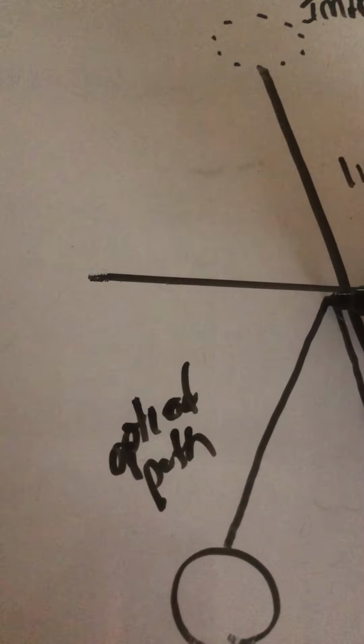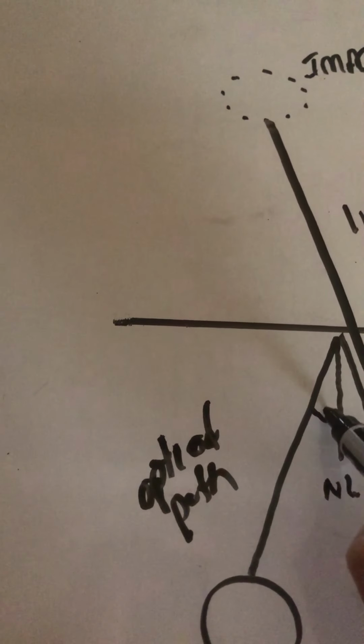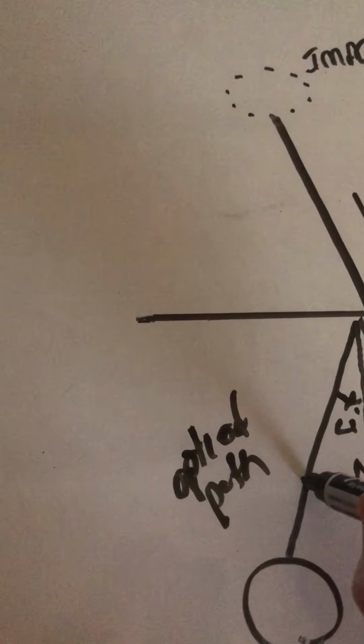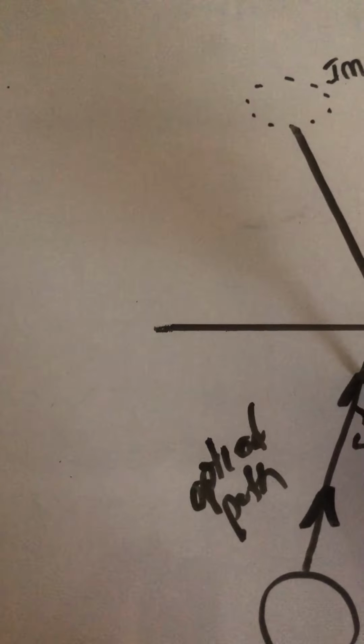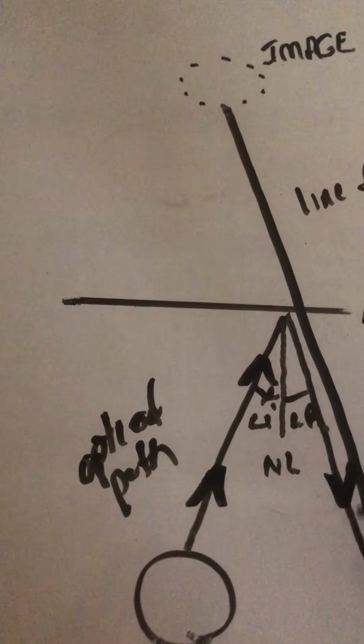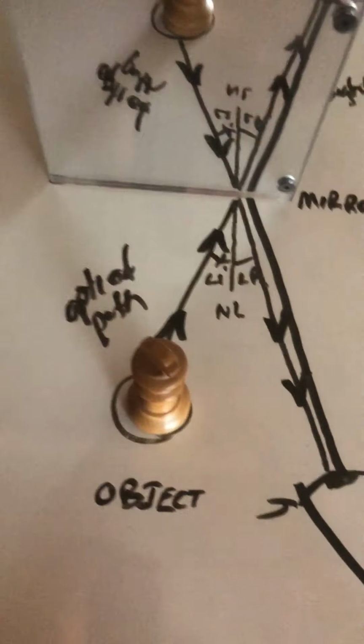If I draw a normal line right there, we can see that the angle of incidence equals the angle of reflection. And technically that is coming from the object, incident against the mirror, then bounces off the mirror and reflects into my eye. And that's what the laser would show us in the lab.